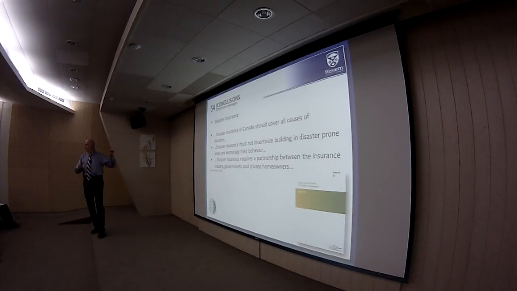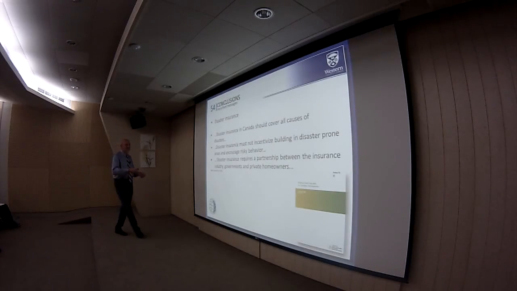But the point is that we need to look for alternative models for how to deal with natural disasters. The cost is becoming so high that governments, including my government, are becoming unable to pay these bills. So we need to find a way to integrate the private sector.